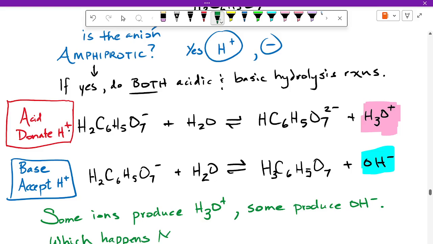How do we tell which one happens more? We compare the Ka and the Kb.